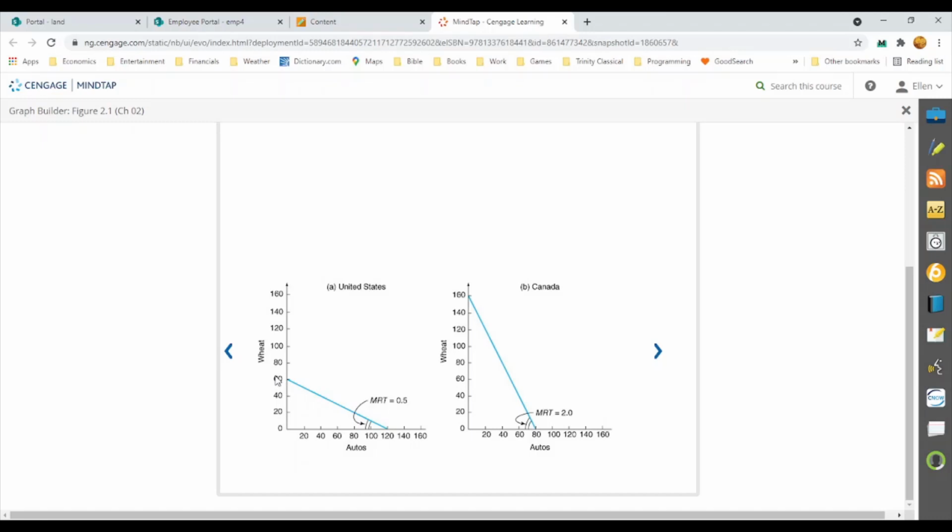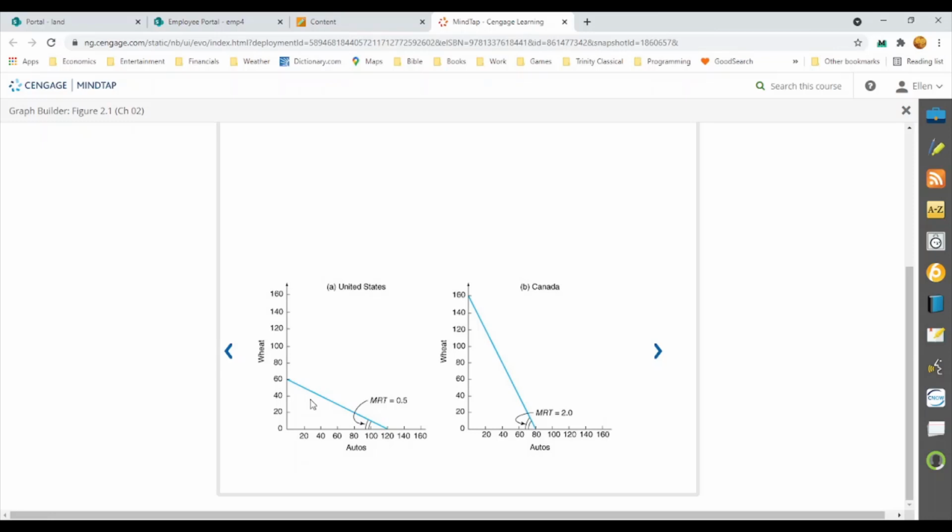And so if 60 W equals 120 autos, my question is what is the opportunity cost of one auto? If you divide both sides by 120, you get 1/2 bushel of wheat will give me one car. So every time I want to make another automobile, I have to give up 1/2 bushel of wheat if I'm the United States. And that was the opportunity cost.